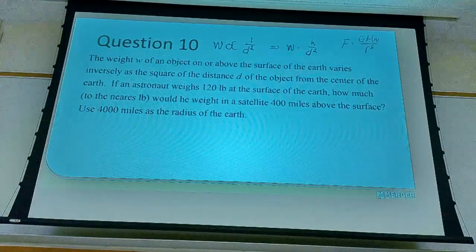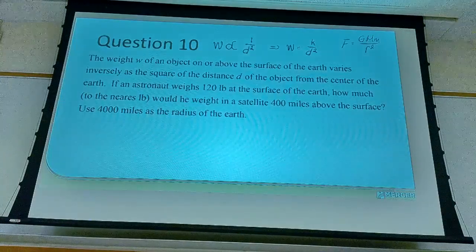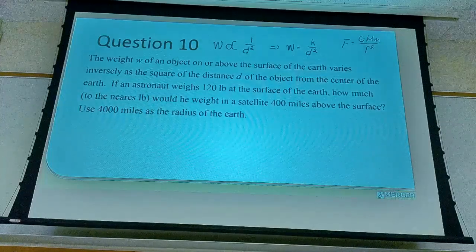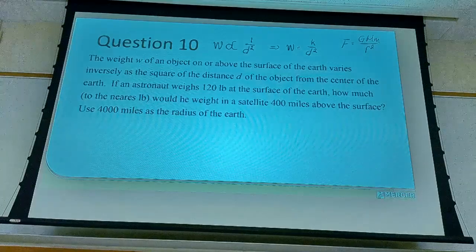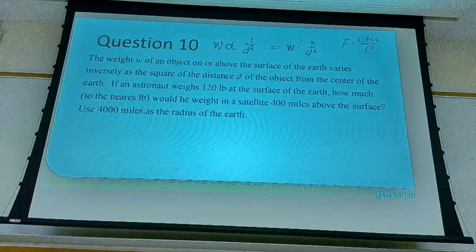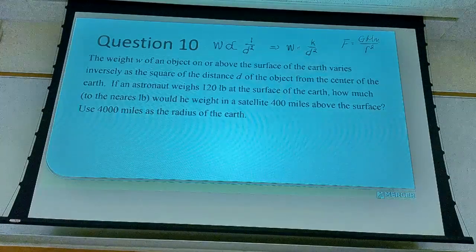I forget the exact number, I know it's times 10 to the minus 11. So it's a very small constant. But no, we're going to use the information we're given to determine what GMm is, because that's going to be K for this problem.